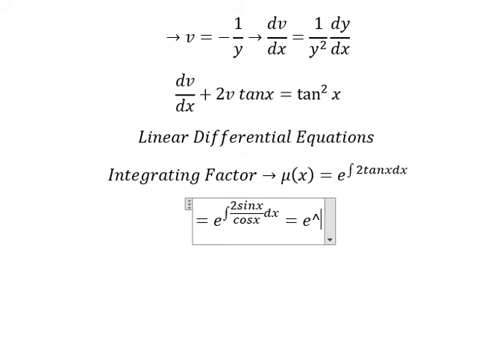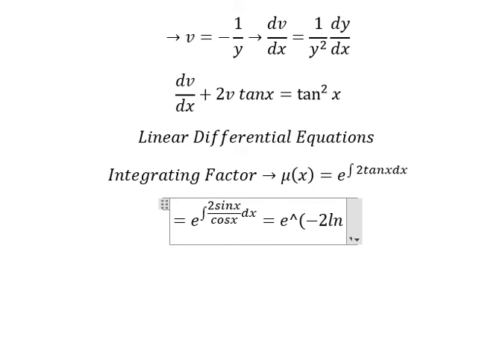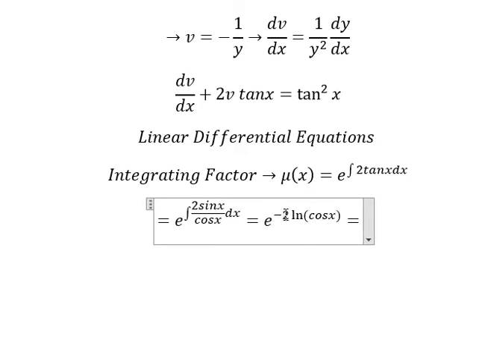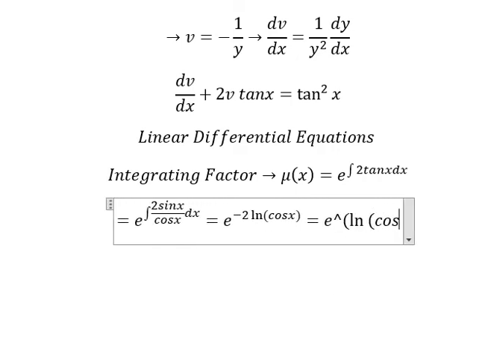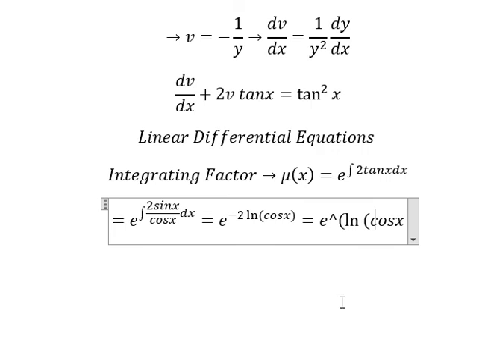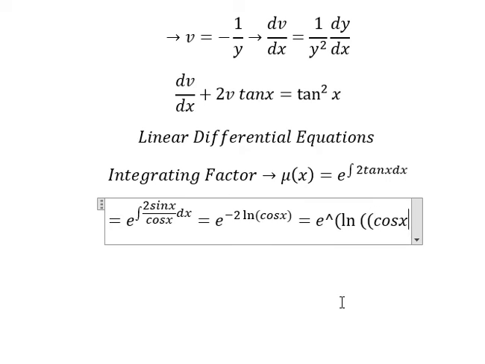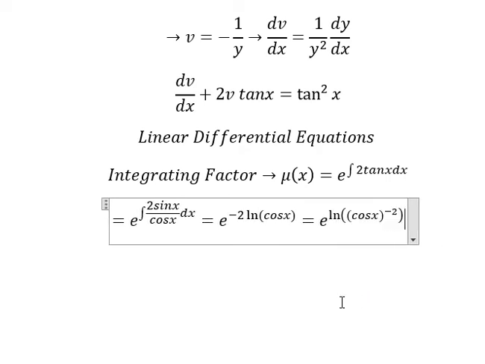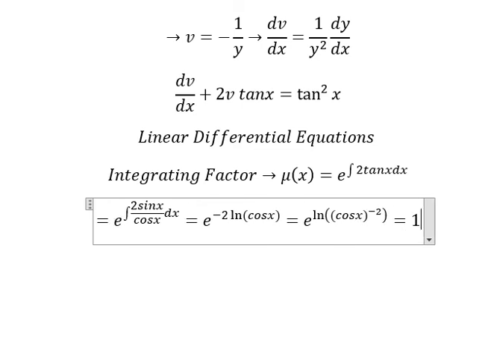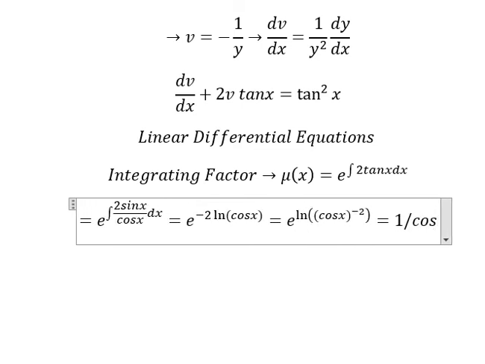So the integration of this one, we have negative 2 ln of cosine x, and negative 2 goes inside the natural log in here. And this one we have 1 over cosine x squared.